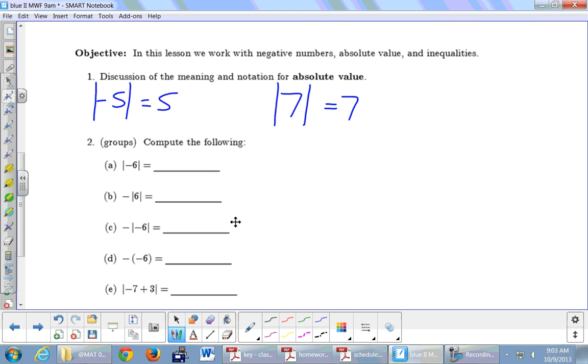Like the absolute value of 5 is 5. Absolute value of 5 squared, like there? Isn't that 25? It's 25. Yeah. Isn't it the distance from 0?